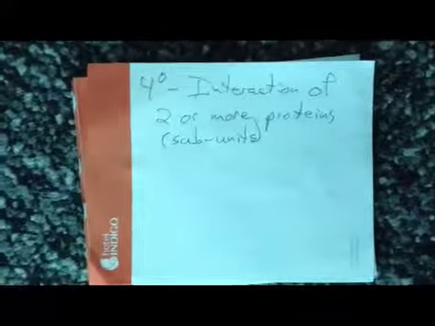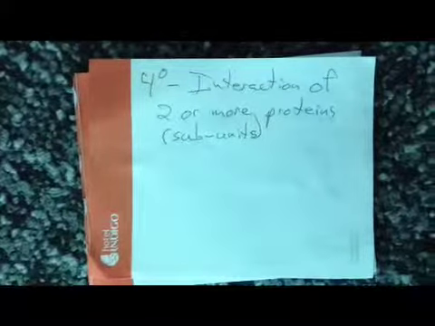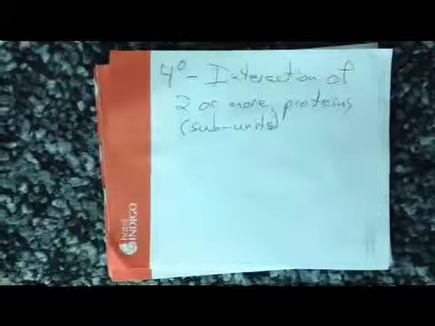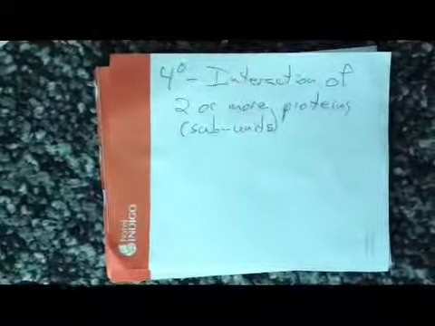Now we have the quaternary interaction, which involves the interaction of 2 or more proteins. So you have 2 polypeptides, and sometimes those two polypeptides will fold together and mesh together to make an active sort of protein. And that's the quaternary structure of a protein.